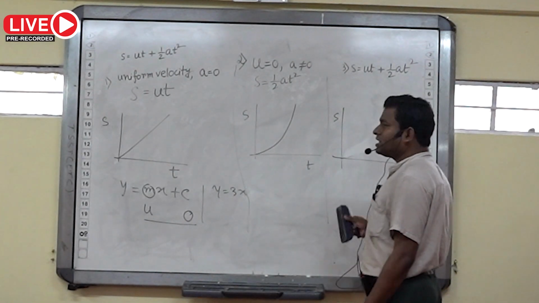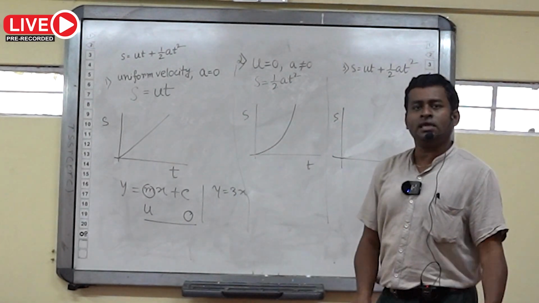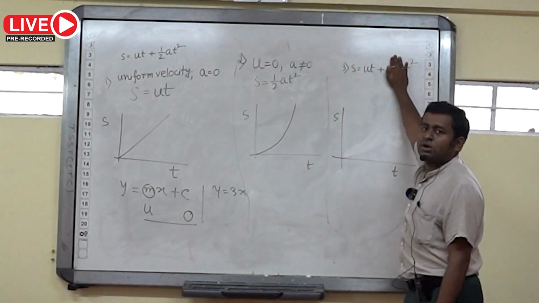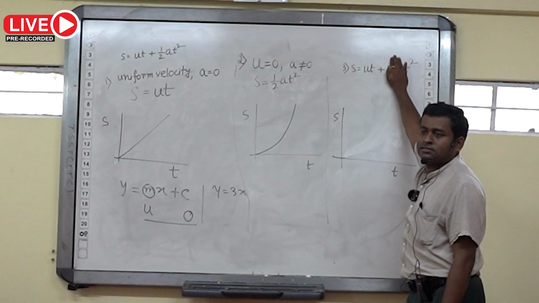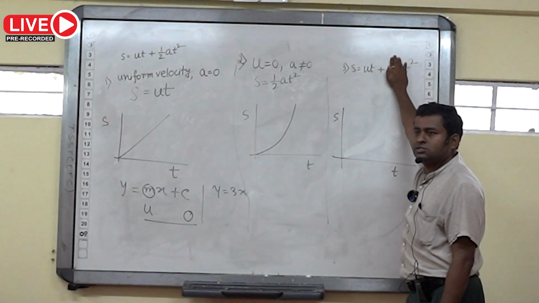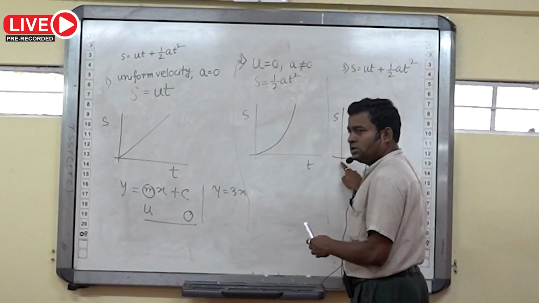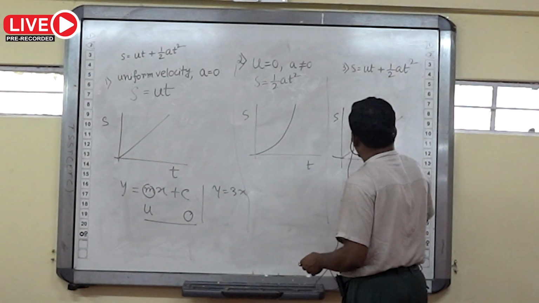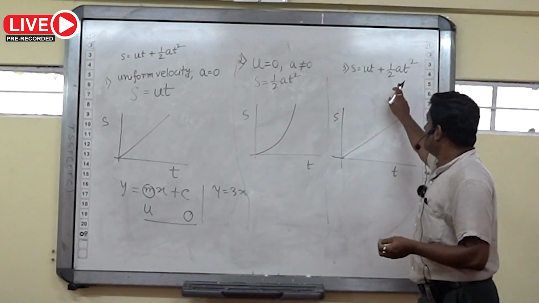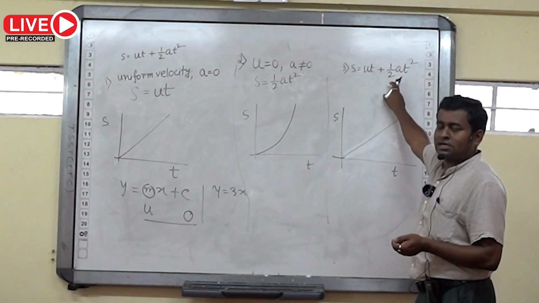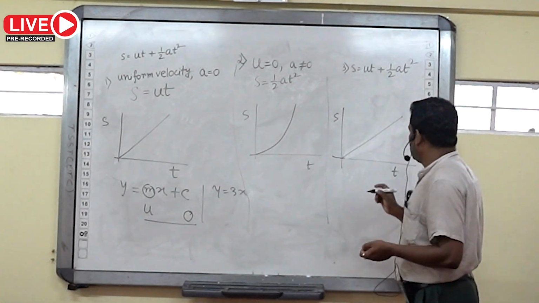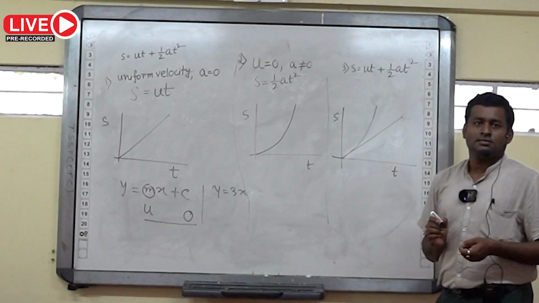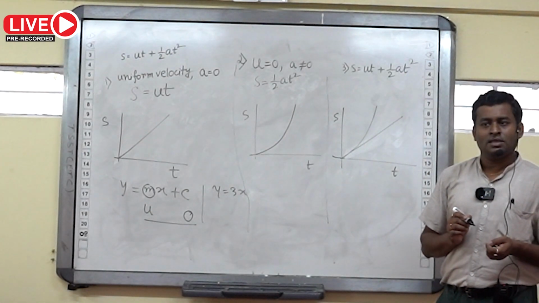In this single graph, I will draw all the conditions. First condition is that this term is absent. The graph will be a straight line passing through the origin, so draw it. Now if this term is present, the graph will be a parabola, like this, moving up.